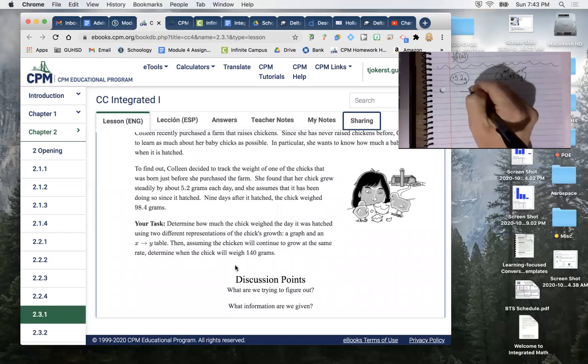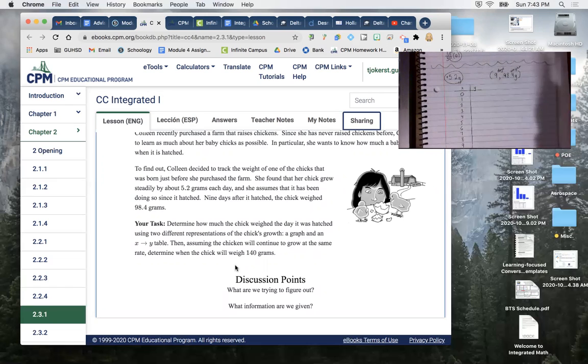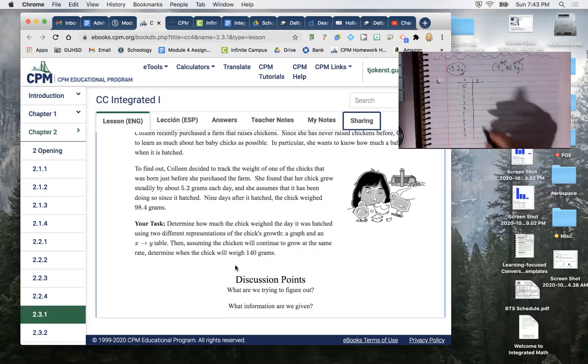But if I have an X and I have a Y, I want to find out on day 0 how much it weighed, but I don't know how much it weighed yet. So I do know that I don't know how much it was on day 1 or 2 or 3 or 4 or 5 or 6 or 7 or 8, but I do know how much it weighs on day 9. Okay, on day 9, our chick weighs 98.4 grams.